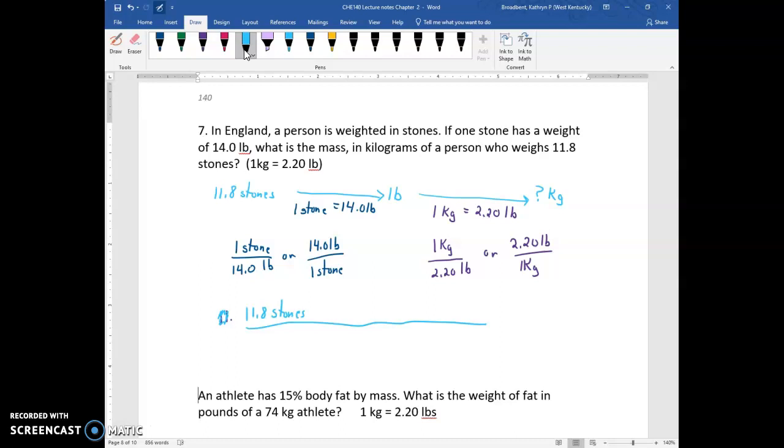The first conversion, I need to get rid of stones, and I want to have pounds as my answer. So I'm going to pick this conversion statement to use. So I'll have 14 pounds divided by 1 stone. Stones cancels, and that leaves me with pounds as my units.